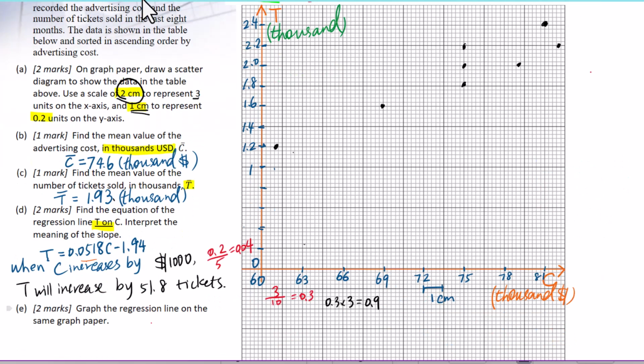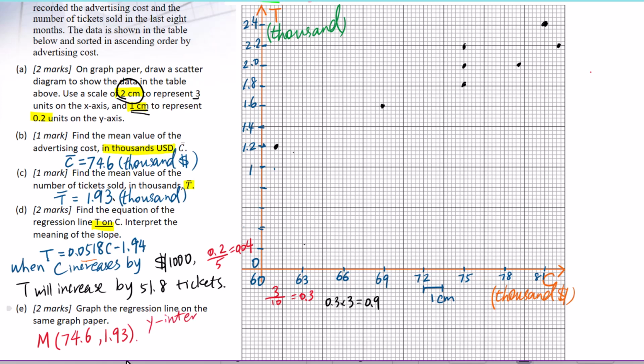Let's go to E. Graph the regression line on the same graph paper. You have to show the mean point, which is 74.6, 1.93, and y-intercept.